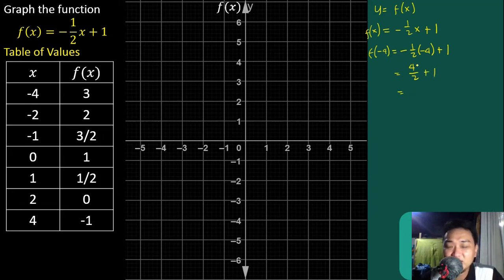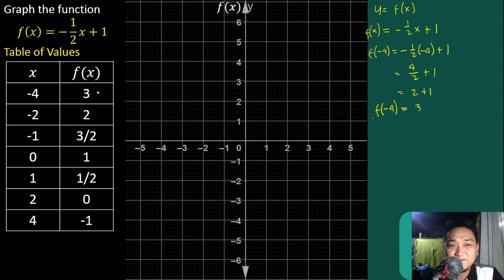Ang gagawin na lang natin, 4 divided by 2 is 2 plus 1, that is 3. So, if the value of x for this function is -4, the value of y will be 3, or the value of the function will be 3 whenever x is -4. Ganon.